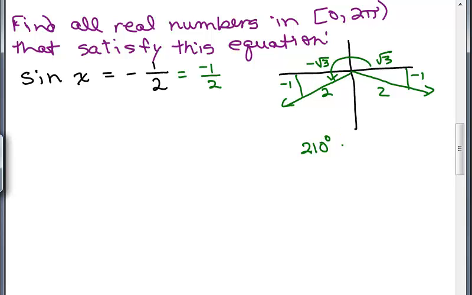That's going to be 7 pi over 6. So remember, since we're asked to write it as real numbers, we would get 7 pi over 6. Let's make that real clear: 7 pi over 6. All right, so we know that one of the solutions here is 7 pi over 6.